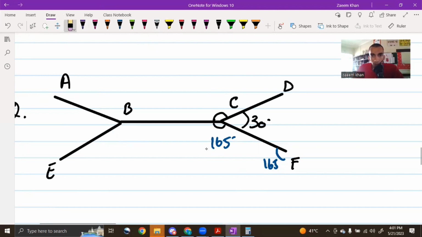The only thing that they had given us was this angle, 30, that is left now. If this angle is 30, how much are these two angles going to add up to? What's the property regarding angles at a point? 360. Perfect.